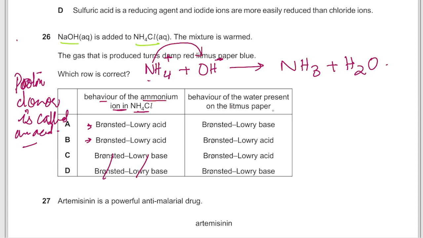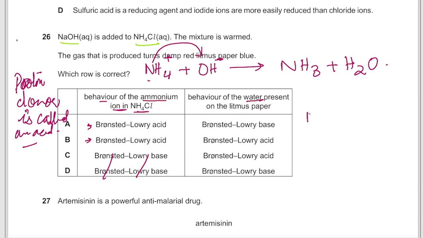Behavior of the water present on the litmus paper. Always the damp red litmus paper is used for the test of ammonia gas. The question is, the gas that is produced turns damp red litmus paper blue. Which row is correct? Behavior of the water present on the litmus paper.